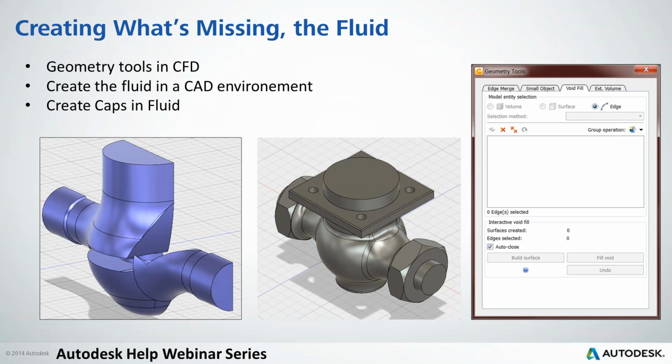So now, the big thing that we all know we're missing whenever we have geometry that's come from production or anywhere else, we need to get the fluid. So the geometry tools is the only real option that we have within CFD to get that fluid in there.